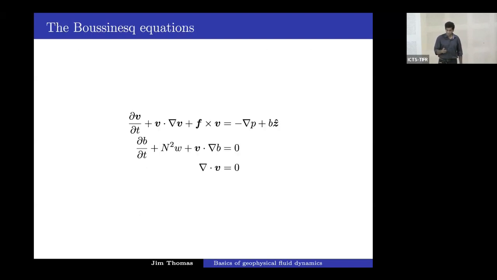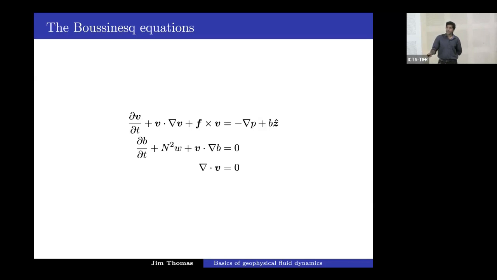So that brings us to a very popular way of writing the Boussinesq equations. These Boussinesq equations are written out here. We have the Coriolis term, which comes in due to rotation, and this is the term that comes in due to stratification. Notice that in this Boussinesq system of equations, we have two implicit time scales. One is given by the rotation rate; the inverse of this corresponds to the local rotation rate.